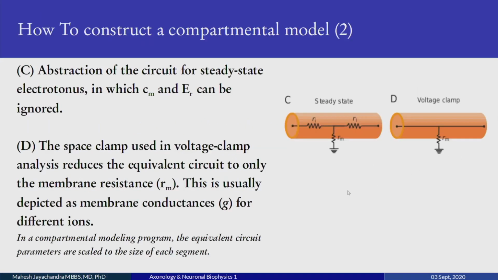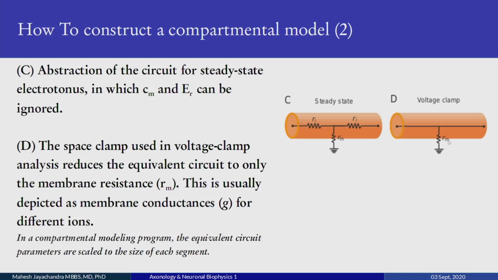So suppose you want to do a steady state spread. If it's a steady state spread, you can ignore the capacitance and the electromotive force because it's steady state. And if you use a voltage clamp, then it can be further reduced to only the membrane resistance because everything else is held constant.